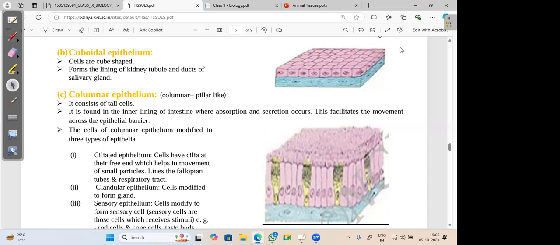Anything else? Sampath, is there anything else? No, sir. Okay. What about stratified squamous?